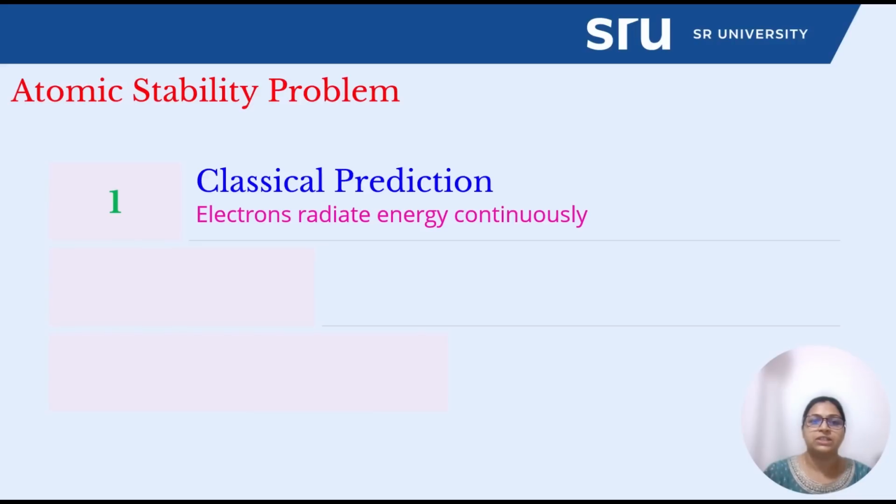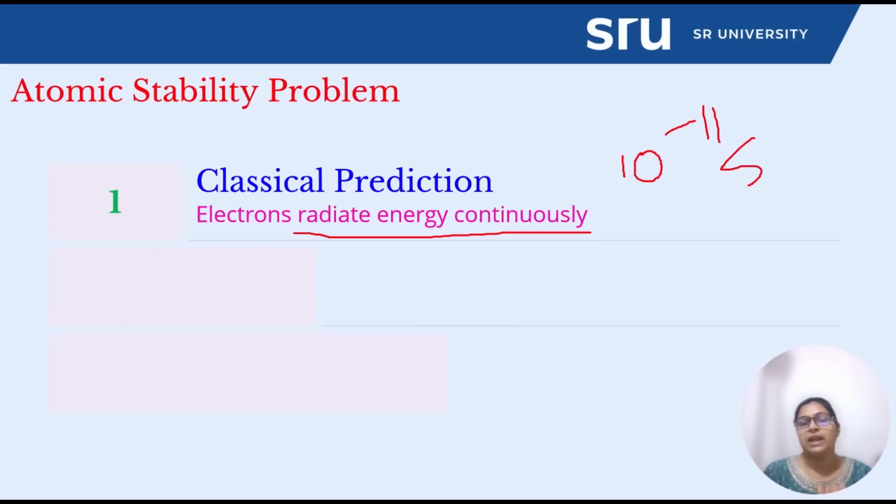This is the classical electromagnetic theory prediction: that electrons radiate energy continuously. In this view, electrons spiral inwards as they lose energy. Atoms should collapse in an extremely short time, maybe on the order of 10 to the power of minus 11 seconds.